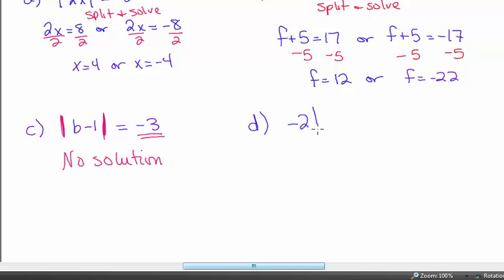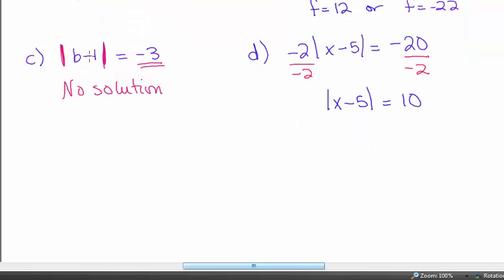Here's a scenario where you might think, oh, that's a negative, but we're multiplying by negative over here. So I need to get the absolute value completely alone first. So I have x minus 5, absolute value is equal to 10, positive 10. That is okay.